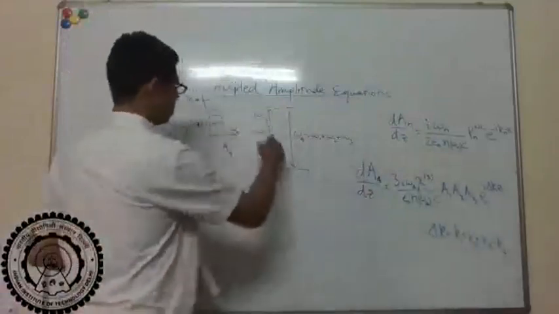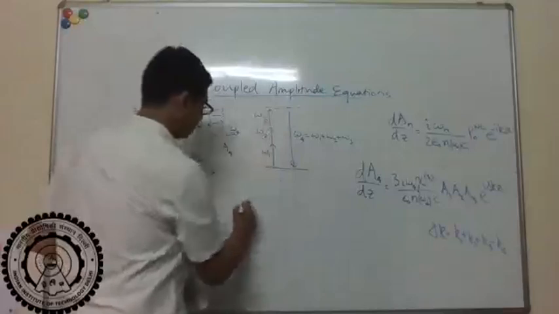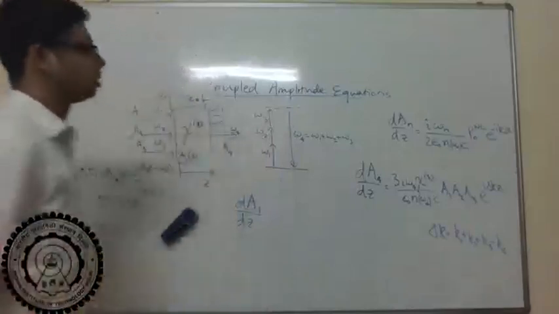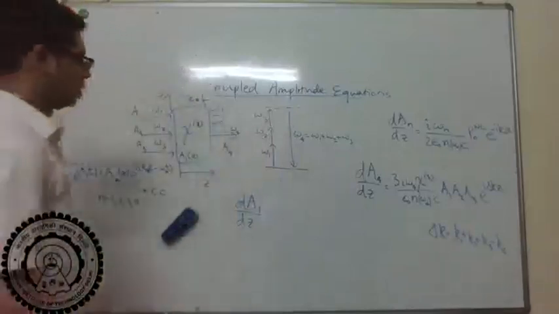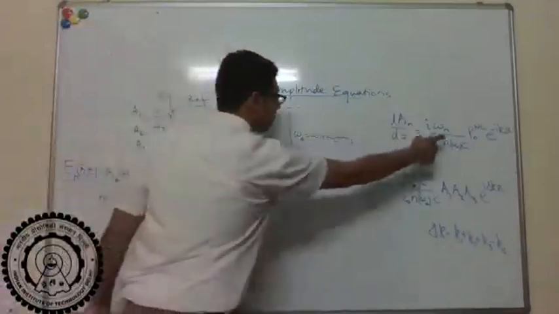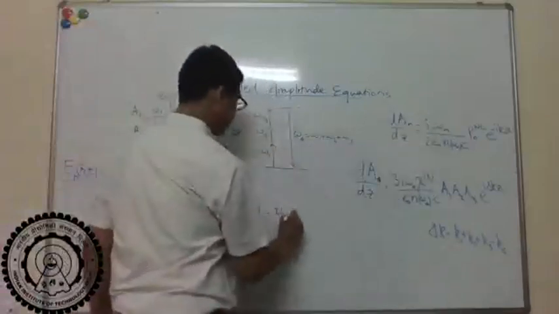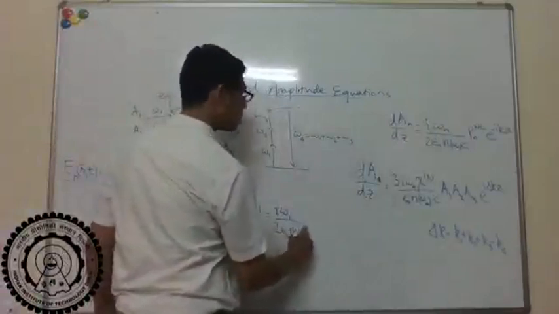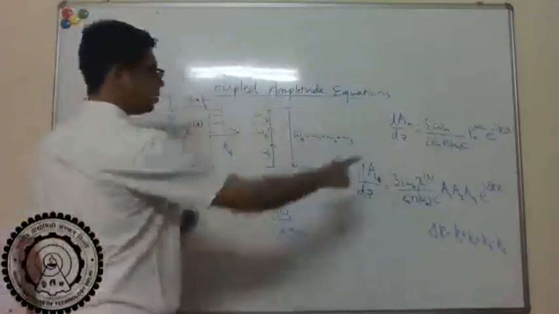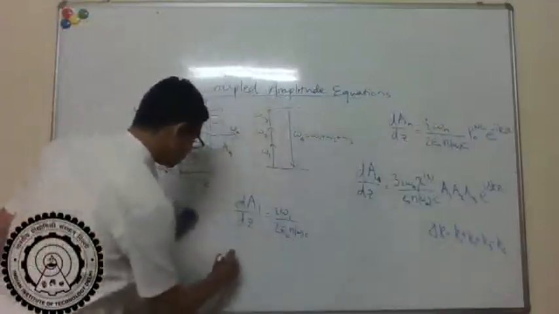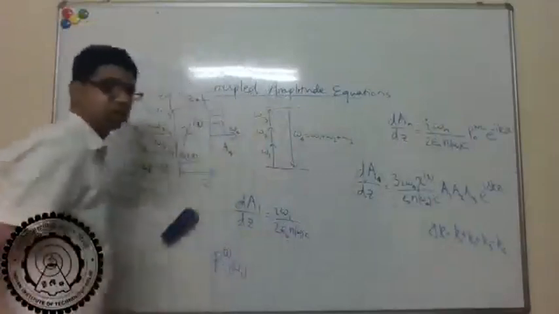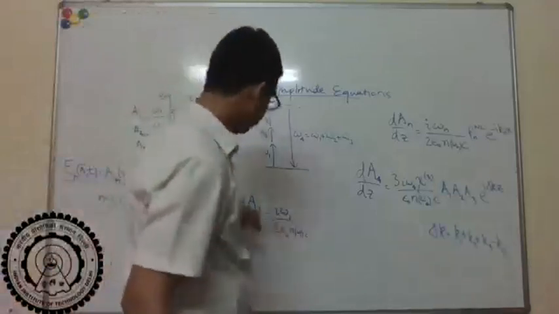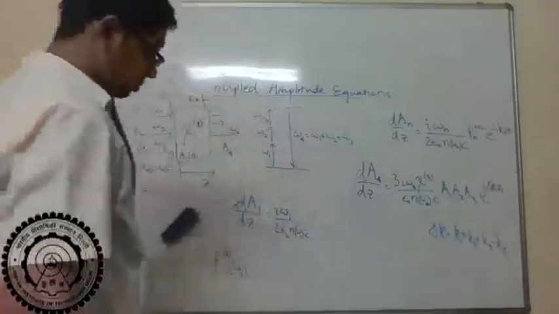Similarly, let's look at the other term. So if I want to write an equation for A1, I start from the general one. So I just put n equal to 1. And now I want to look at the third order polarization, which is induced at frequency omega 1. Right? So that will come in here, because that will drive the wave at frequency omega 1.